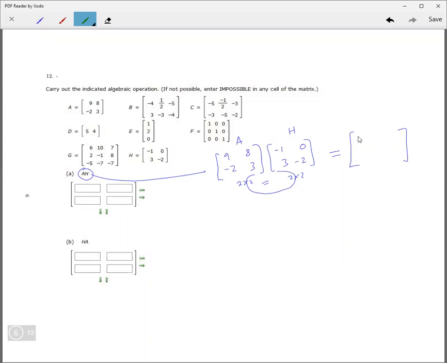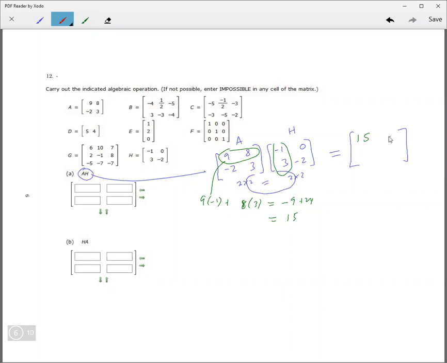Okay, so for this first entry, looking at that and that, 9 times -1 plus 8 times 3. That's -9 plus 24, which is 15. So the first entry is going to be 15.